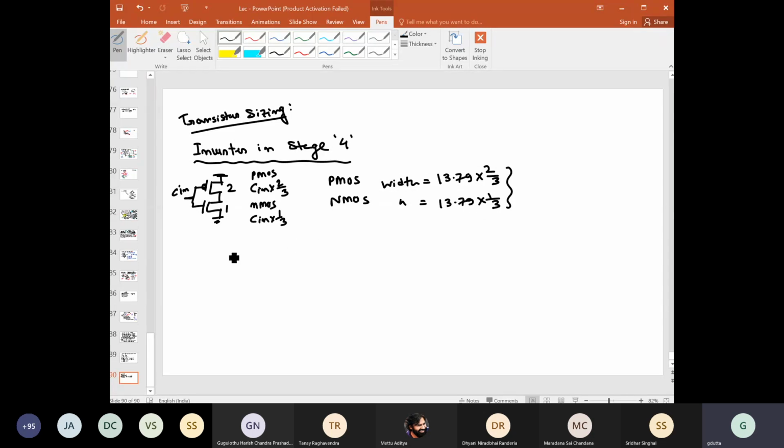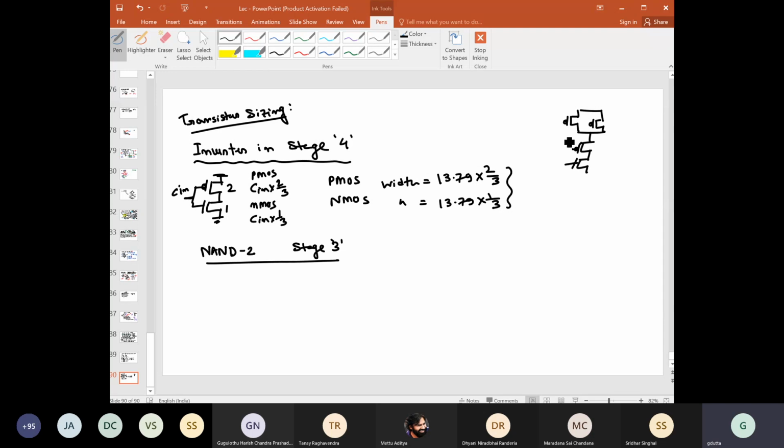Right? So then let us think about the previous gate, which was the NAND gate, the NAND 2 gate at stage 3. If you now consider this 2-input NAND gate, if you recall from yesterday's discussion, the 2-input NAND gate is like this.